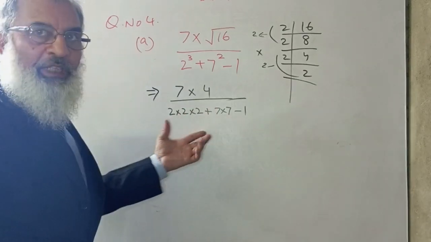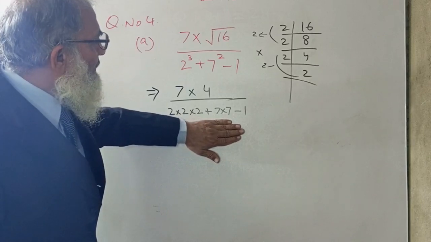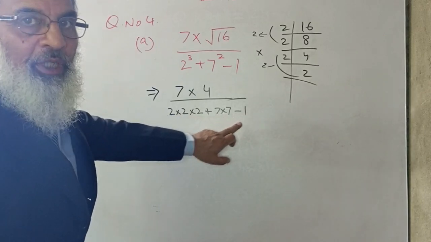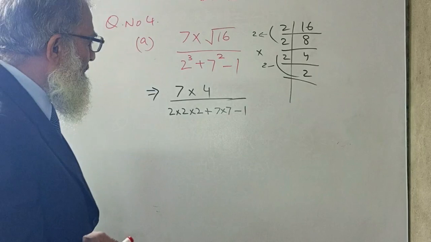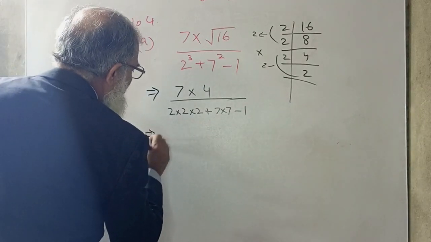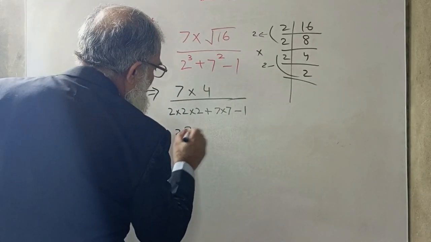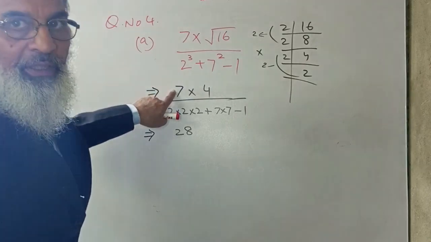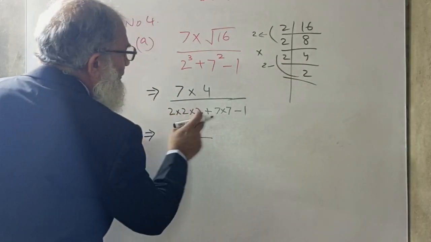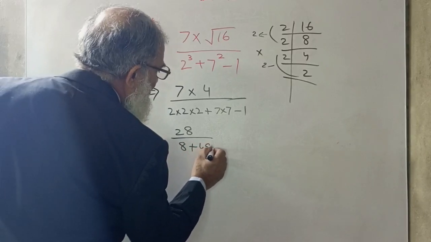According to BODMAS rule, we have to solve this first, and then go to the subtraction. You can do it. You see that this is 8 plus 49 minus 1.